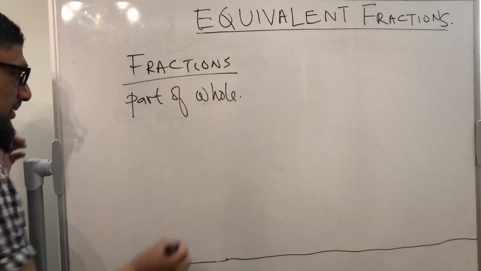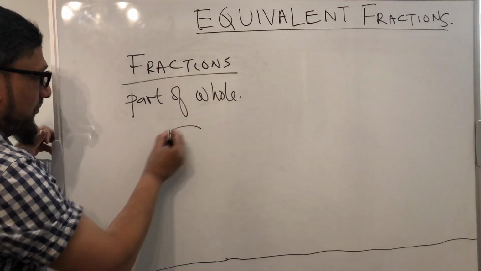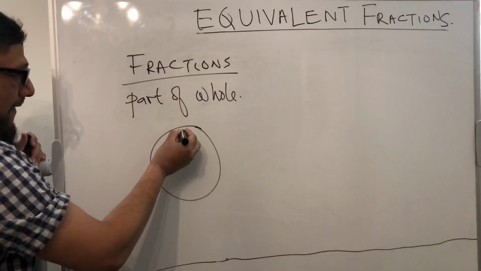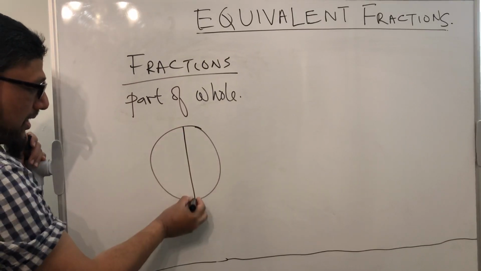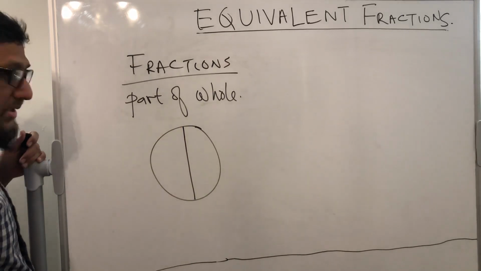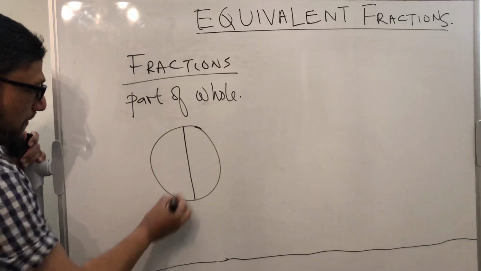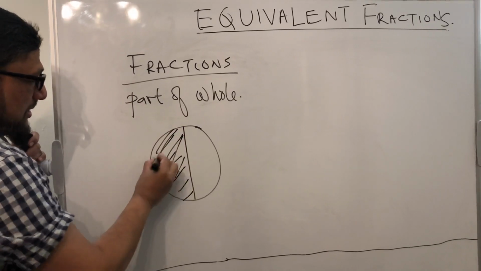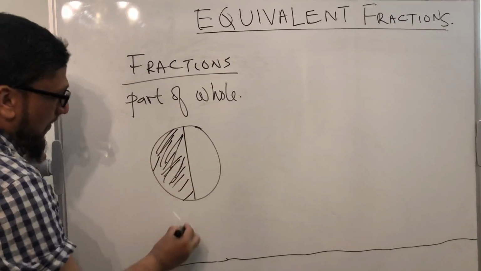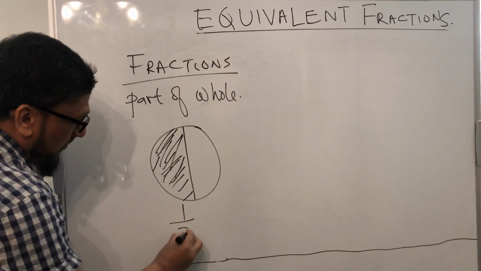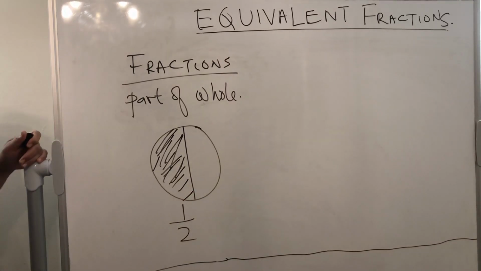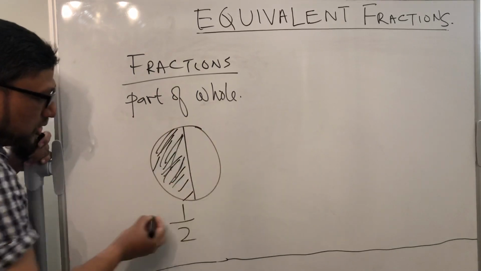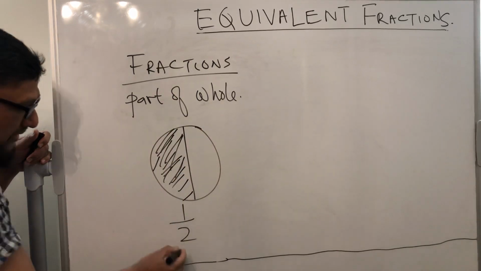For example, there is a garlic bread. I will make two parts for this garlic bread, and I finish half of this. So there are two parts of this garlic bread.